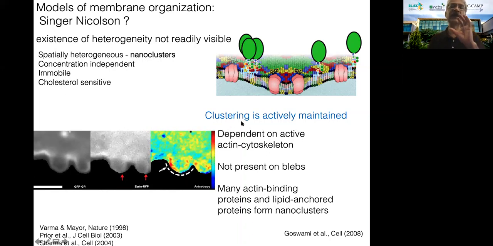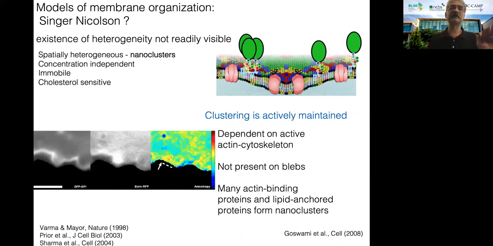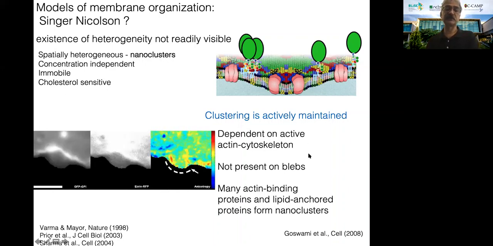One, it was clear that the clustering must be actively maintained, because that kind of a formation-fragmentation plot could not appear from something that was formed by a well-mixed solution. Two, it must be dependent on an active actin cytoskeleton, because it was not present on blebs.